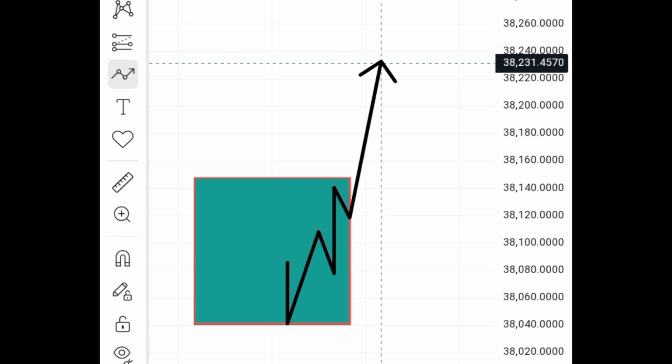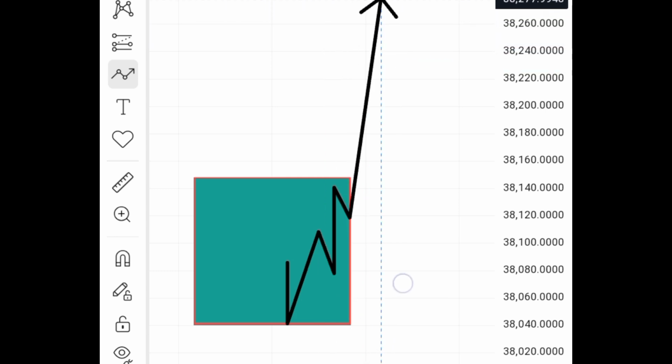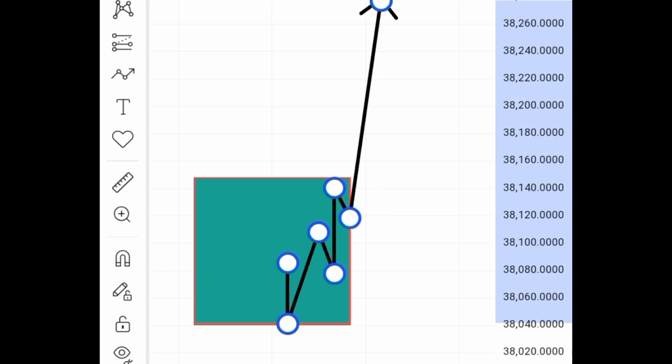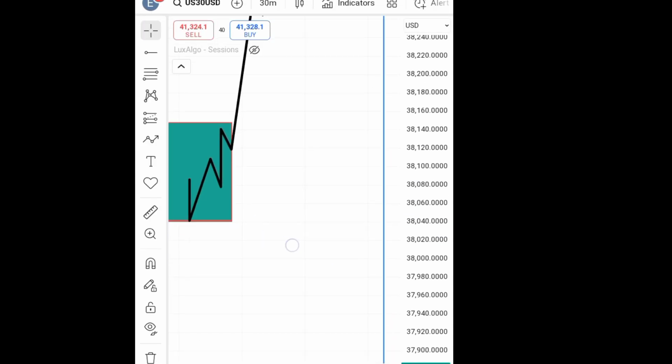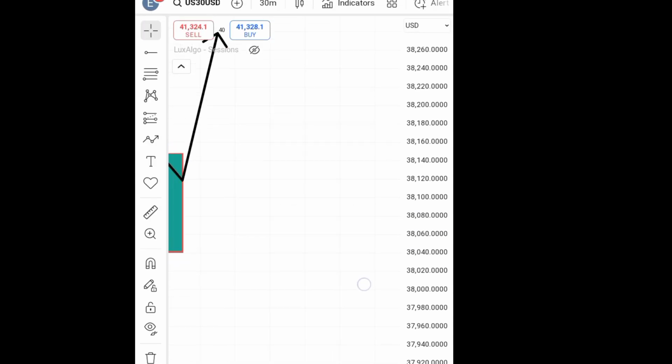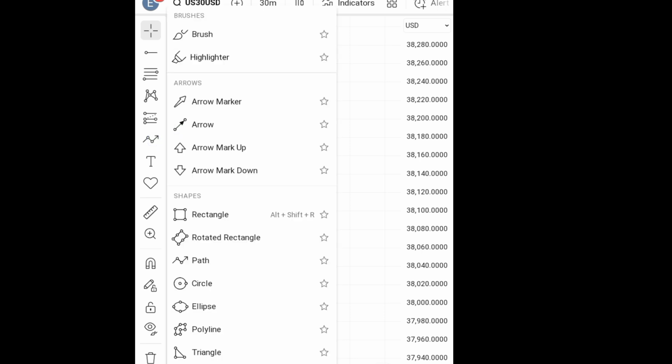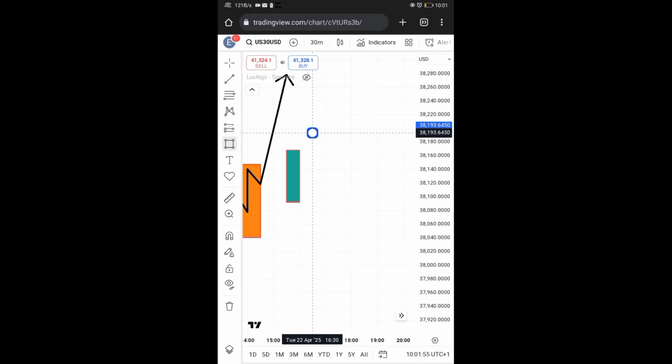This is where your candlestick comes into play. There is something you need to observe once this market closes to the upside. That means your candlestick has to be something like this. So therefore, the market has to close bullish to the upside.